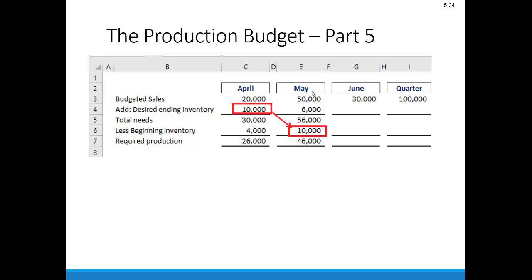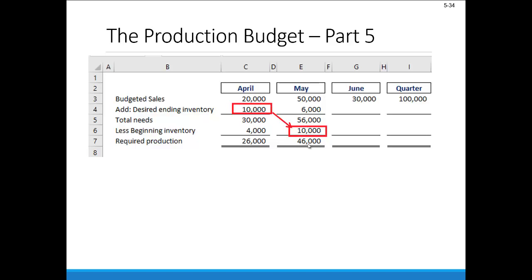So for May, we've got the 50,000 in expected sales. We're going to add to that the 6,000 in desired ending inventory. That's 20% of June sales, so 20% of 30,000. There's our total needs then, 50 plus 6, 56,000. We'll deduct from it the beginning inventory, which is the same as the ending inventory from April, 10,000 pulled forward here.